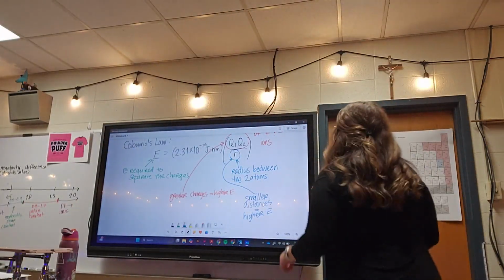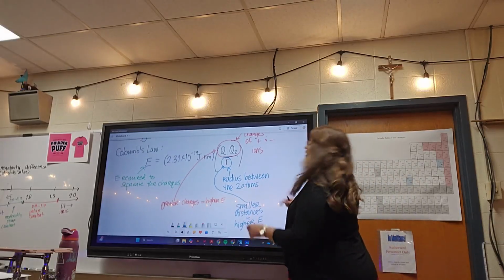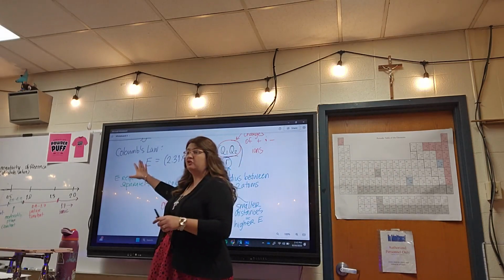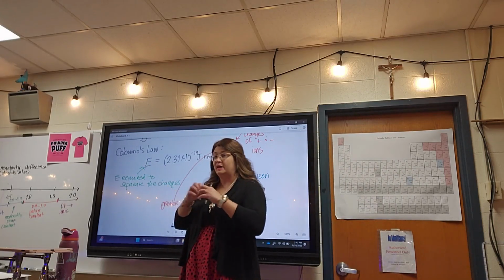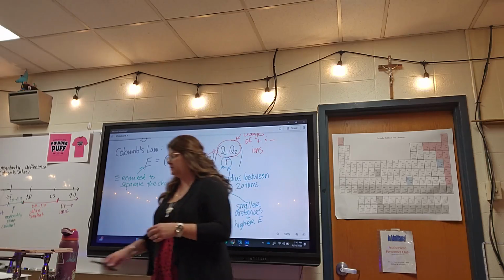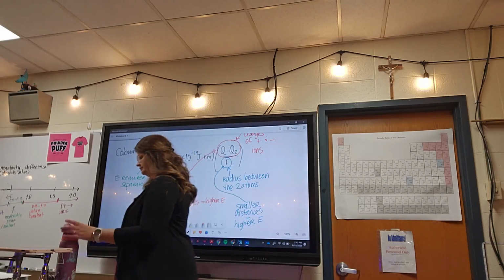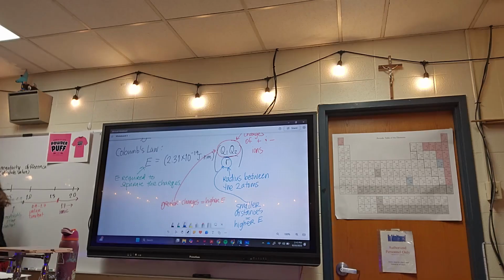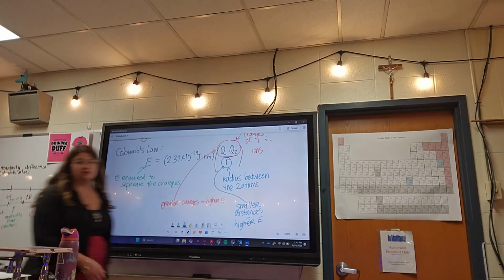Re-explain it? Certainly. These are your charges. Energy is the amount of energy that's required to separate the two ions. And so, I don't have any. Let me get something that looks like an atom.